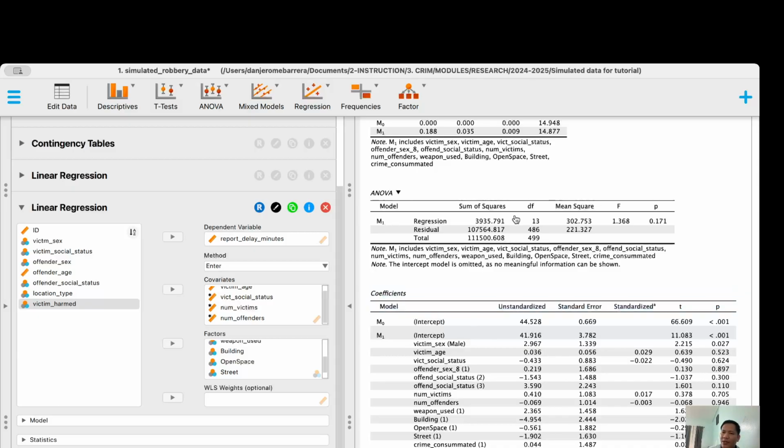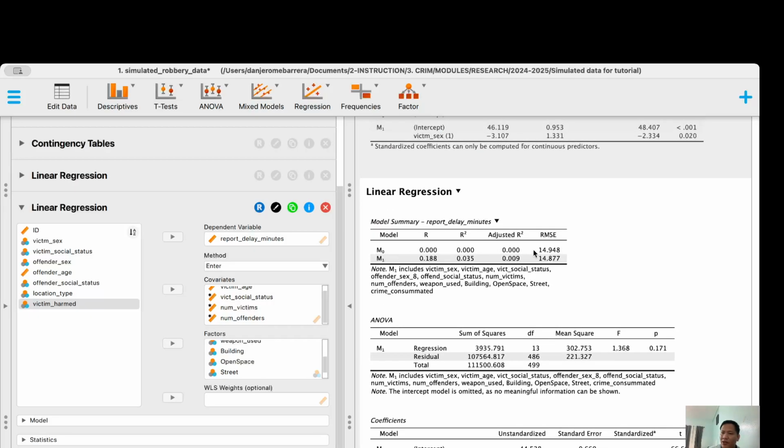No need to copy and paste the ANOVA table. You may just write it in the paragraph: the F, degrees of freedom, F, and the p-value.